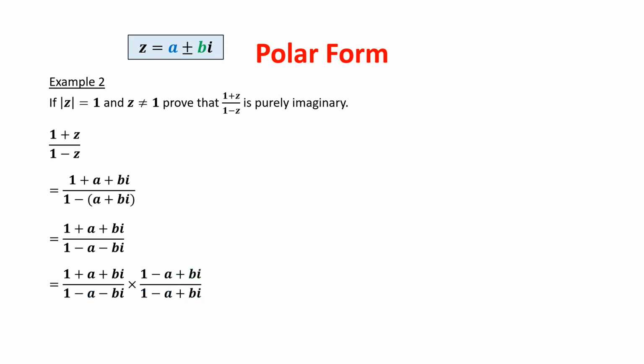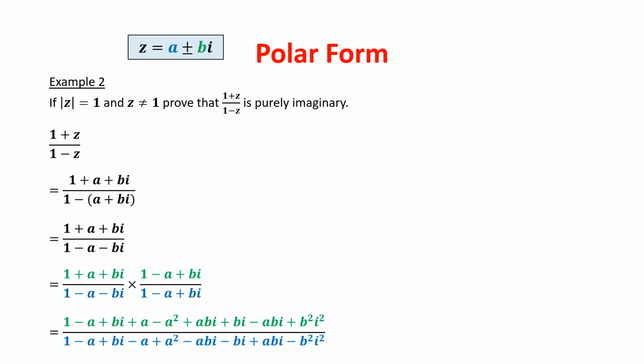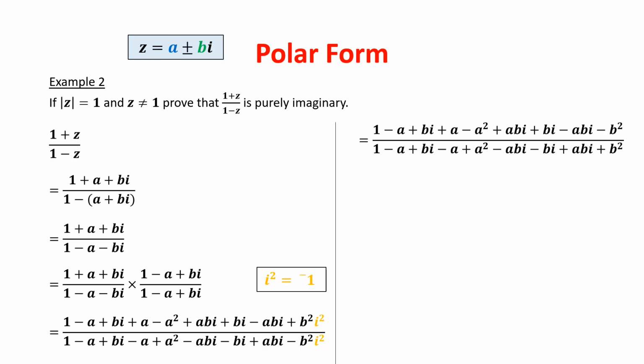Okay, now this next bit, you're welcome to pause it and check it, but I'm multiplying the top all out. I just pretend there's brackets around both of them and multiply everything out, and I'm going to do the same on the bottom. Now, this part here, remember i squared is equal to negative 1, so we're going to multiply the top b squared by negative 1, and on the bottom that minus b squared also gets multiplied by negative 1.